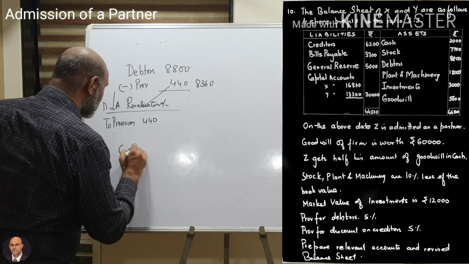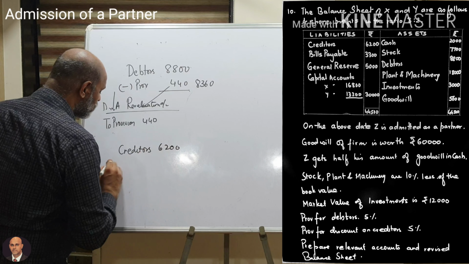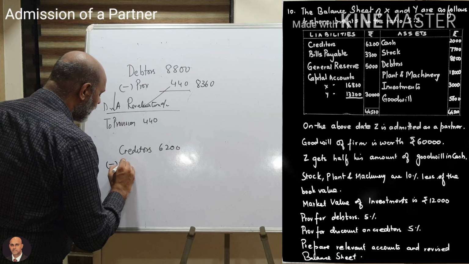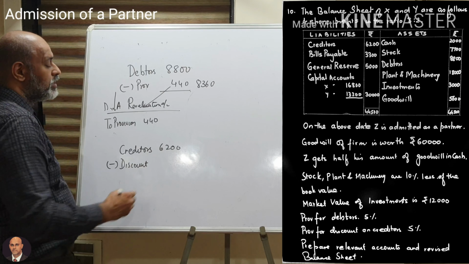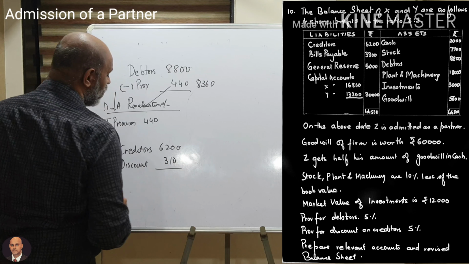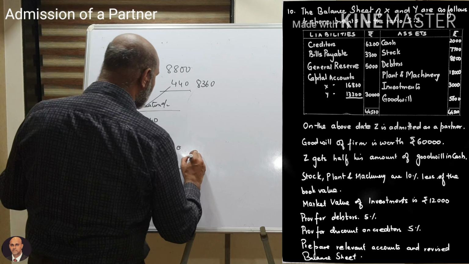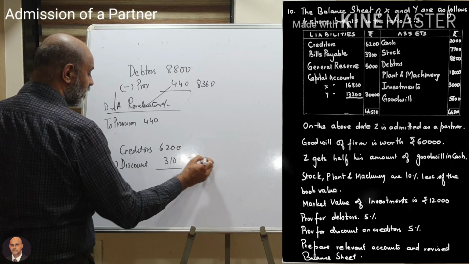Similarly, we see the value of creditors as, sorry, 6,200. Creditors is a liability. So I am deducting the discount provision. So 5% will be 310. This will give me 5,890.